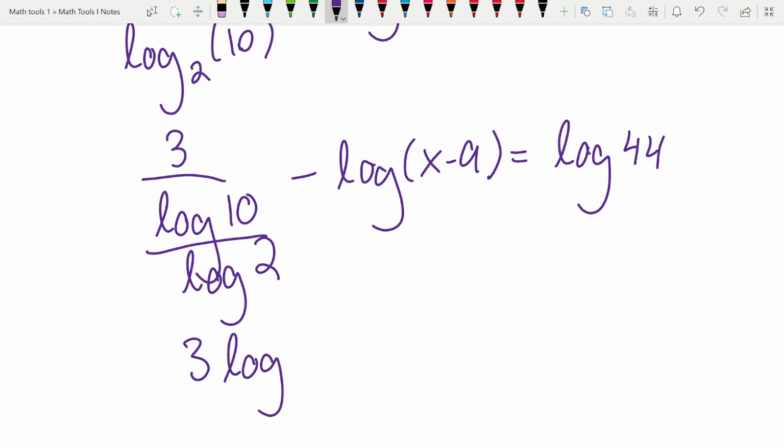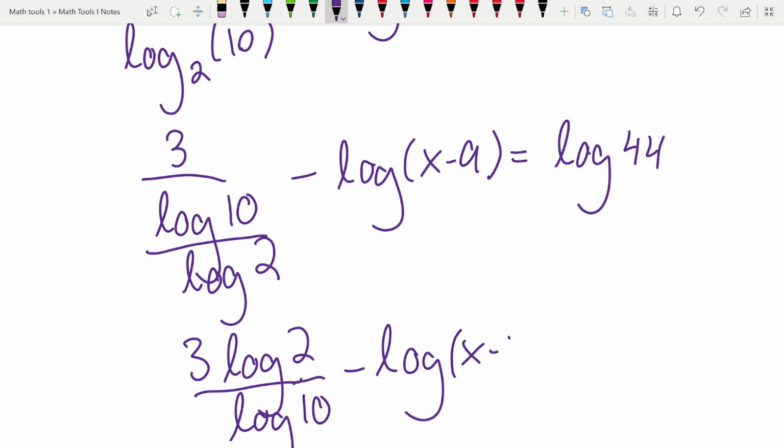This is 3 log base 2 over log base 10 is what we'll end up with. So you're just basically multiplying by the reciprocal of this. Log of x minus 9 equals log of 44.